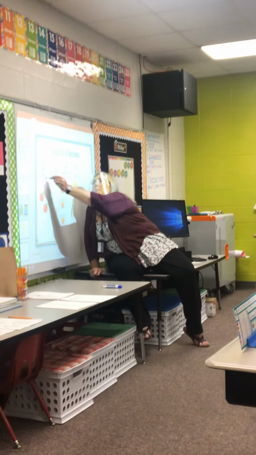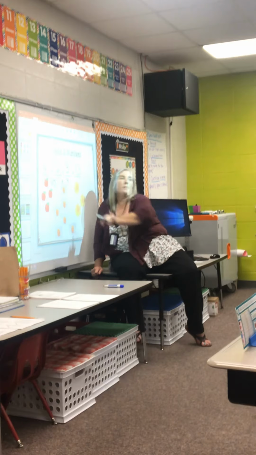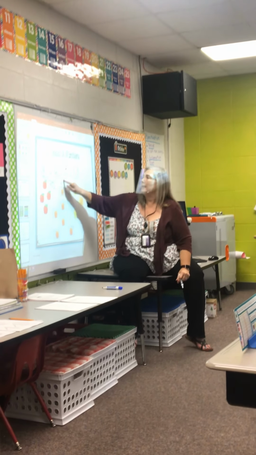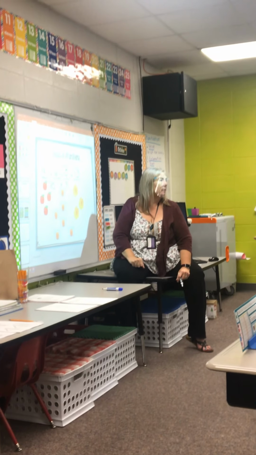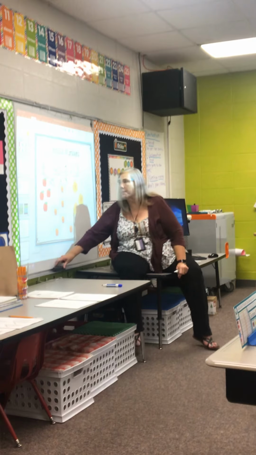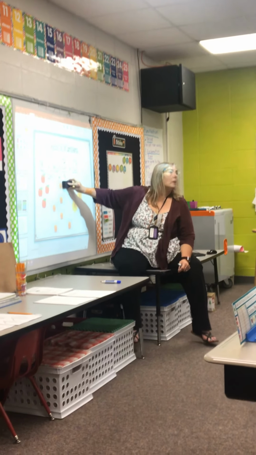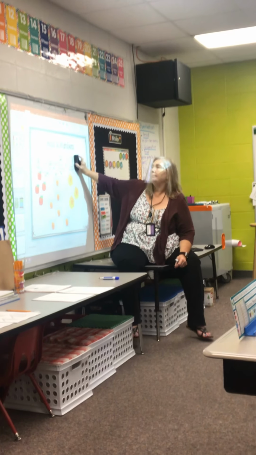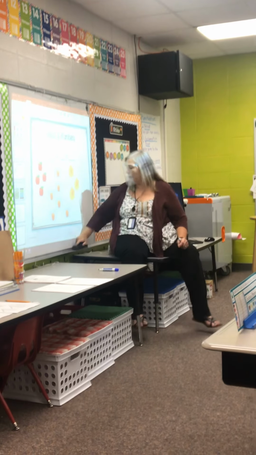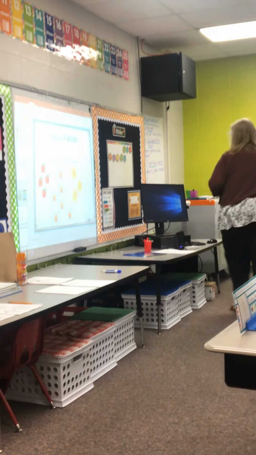He solved this part of the equation first, and then he added the rest. Could you decide to add these 2 together first? Yes. It would still be the same because why? Because if you change it around in any order, it's still the same. As long as they're the same numbers, it doesn't matter what order they're in. Very good.